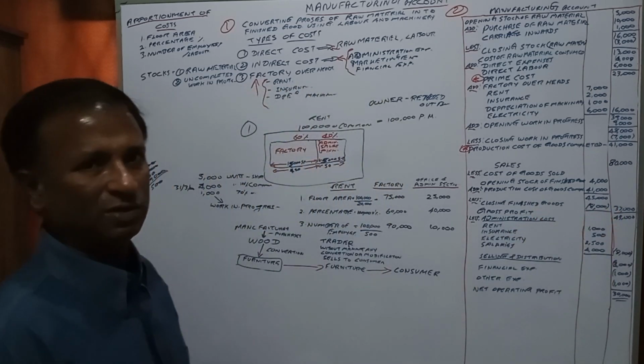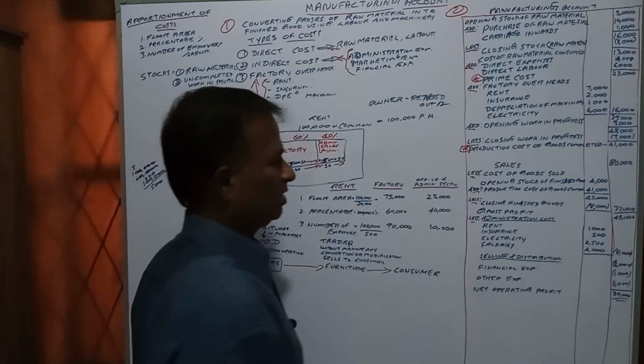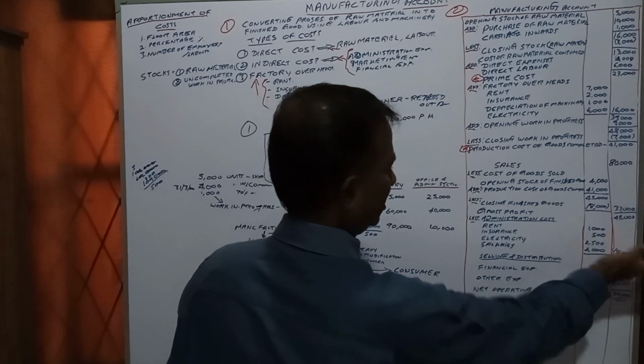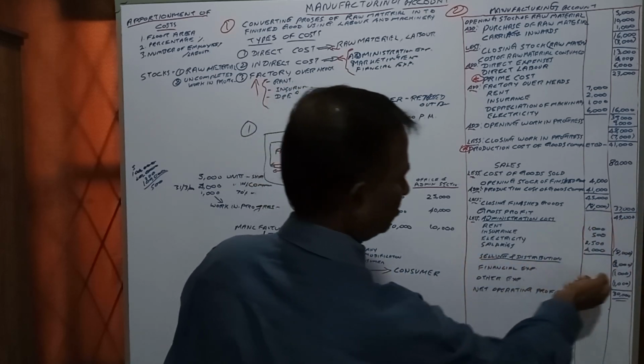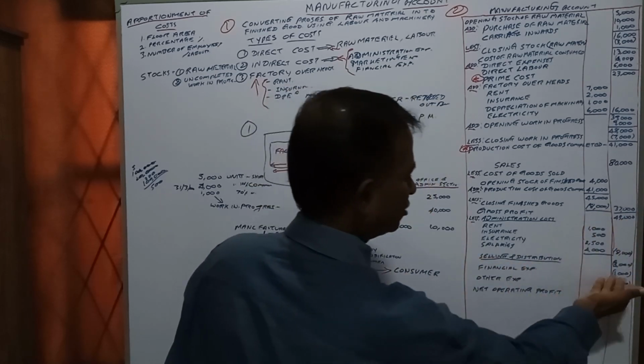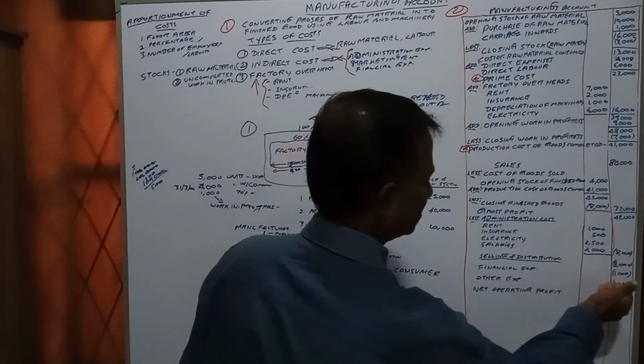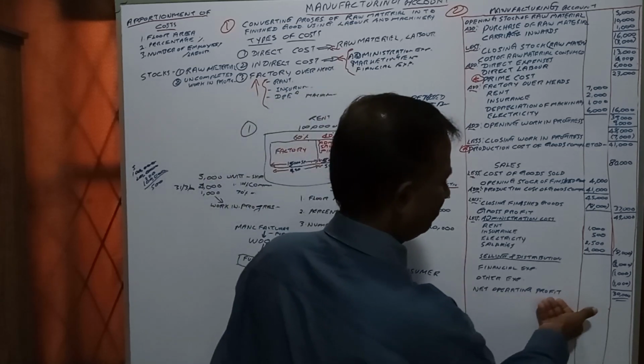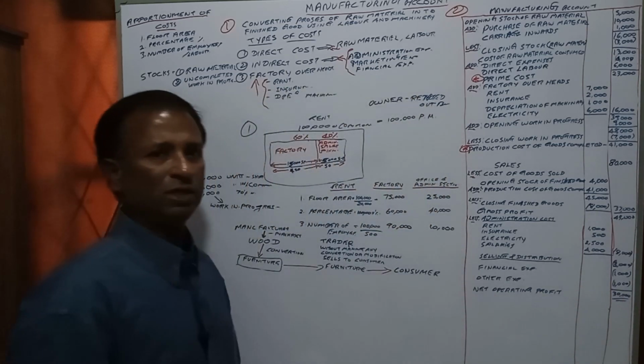From the gross profit you have to deduct administration expenses 8,000, selling and distribution 3,000, financial expenses 1,000, and other expenses 1,000. Then you will arrive at the net operating profit.